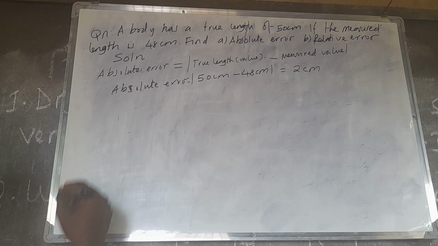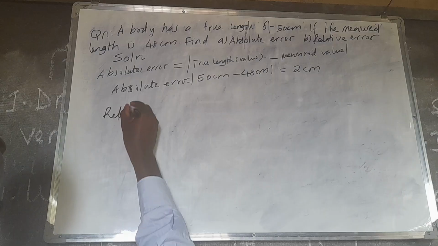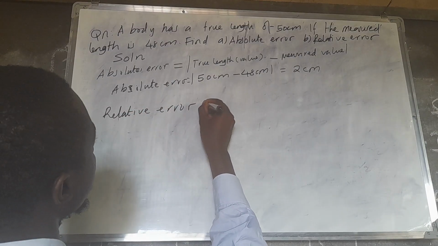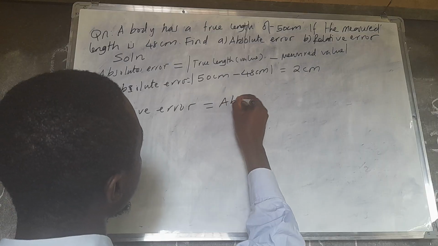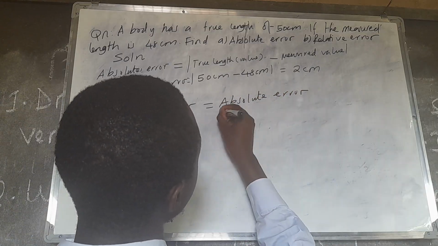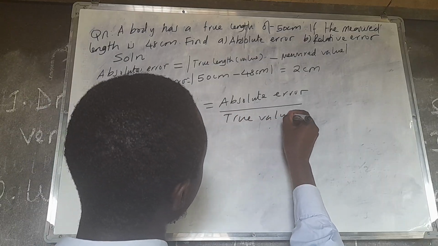For relative error, we can find relative error is equal to absolute error divided by the true value.